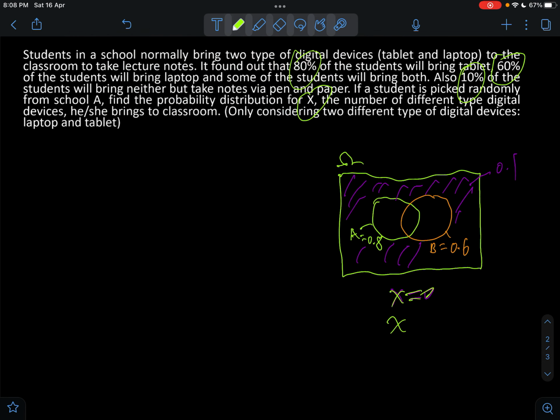X equals 1 basically means that the student only brings one type of digital device. It can be either tablet or laptop, but not both. And X equals 2 basically means that the student brings both devices into the classroom. So let's see how to solve these problems.